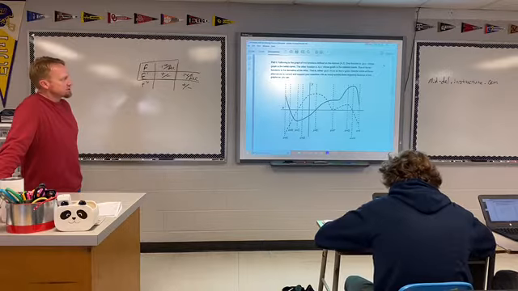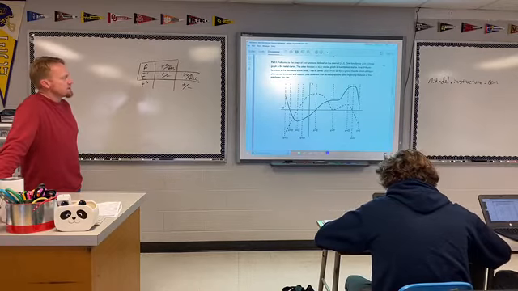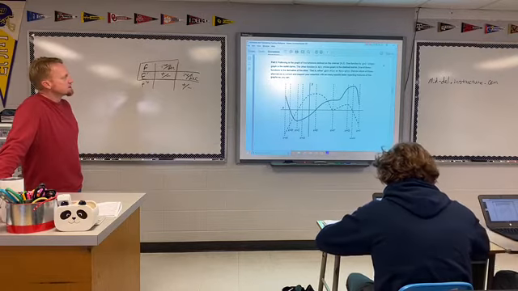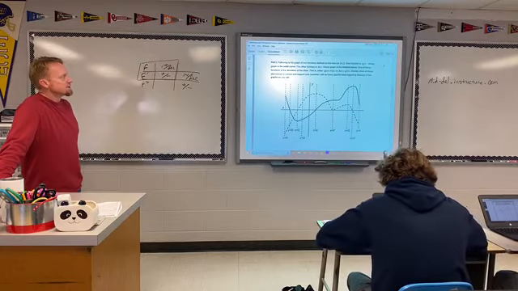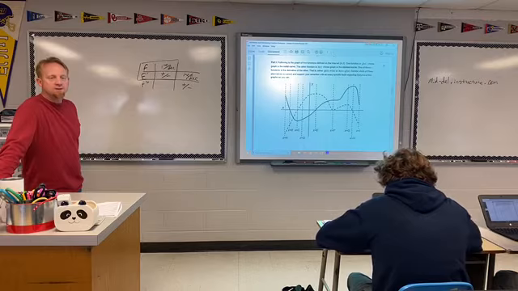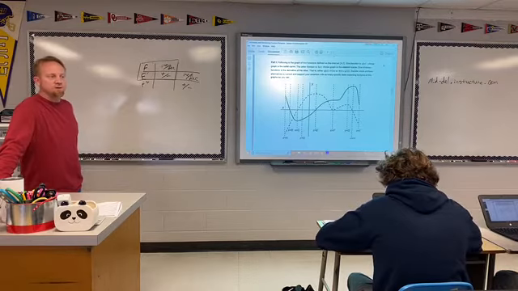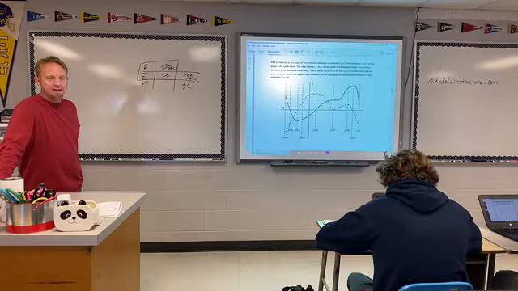That is, either g of x is equal to h prime or h of x is equal to g prime. Decide which of these alternatives is correct and support your assertion with as many specific facts regarding the features of the graph as you can. So one of these functions is the original function, and one is the derivative function. Take a second to look at it and figure out which one's which, and then be able to support your claim. I'm going to give you a couple minutes to look at it.